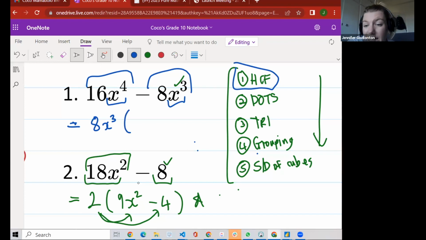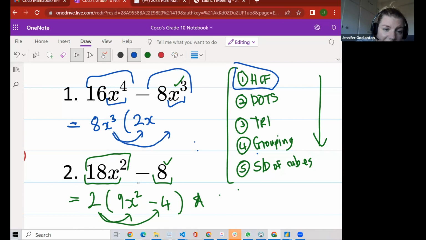Then inside my brackets, I'm going to say, what am I going to multiply 8 by to get to 16? I have to multiply it by 2. And what do I need to multiply x cubed by to get x to the 4? I need to multiply it by x. And then over here, I'm going to say -1, because 8x cubed times -1 will give me my -8x cubed.